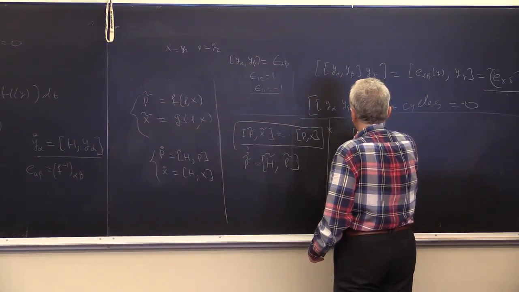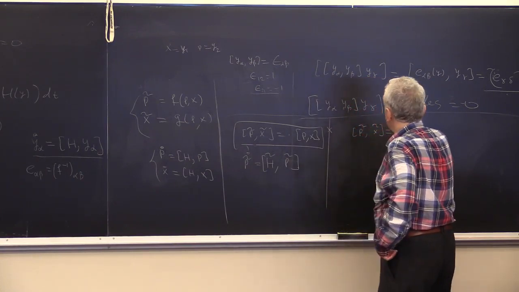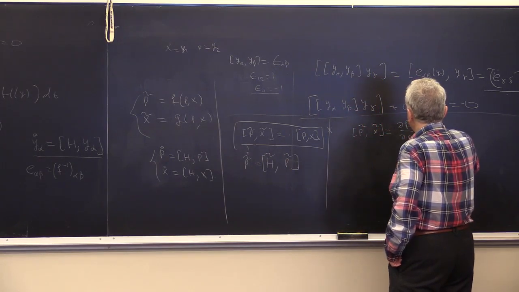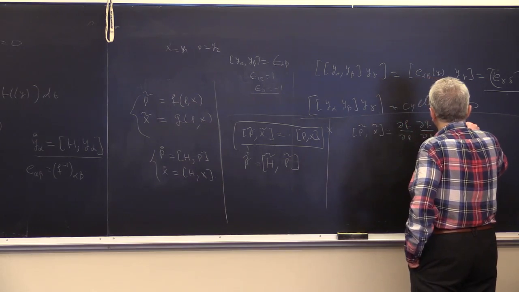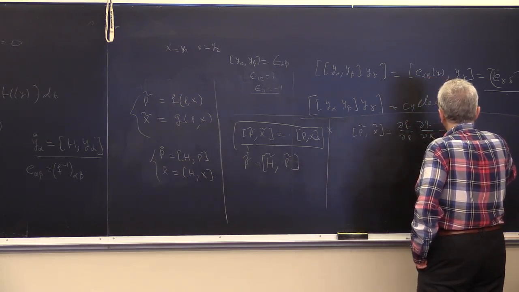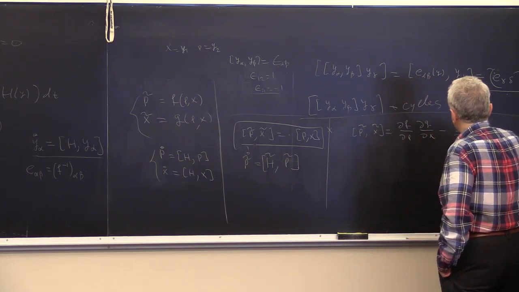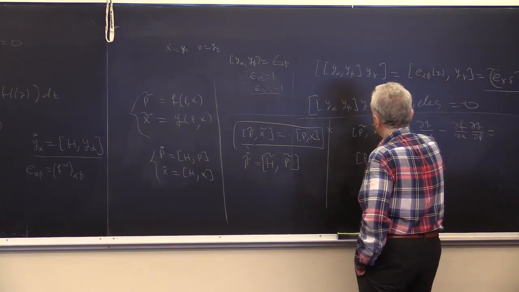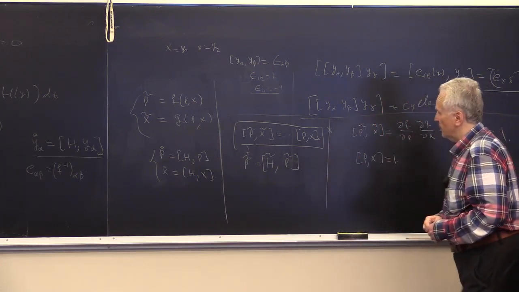We have the Poisson bracket of p and x, which is df dp, dg dx and so on. And it should be, since the Poisson bracket of p and x is equal to 1, this also should be equal to 1.